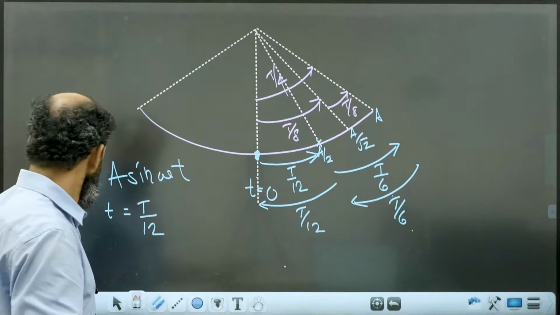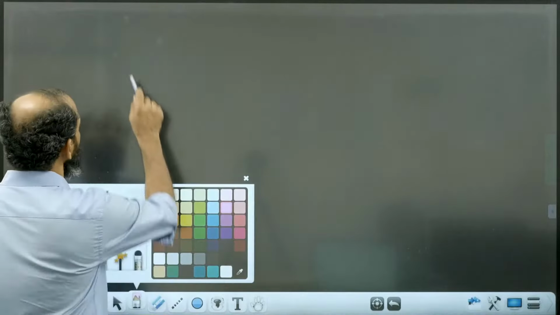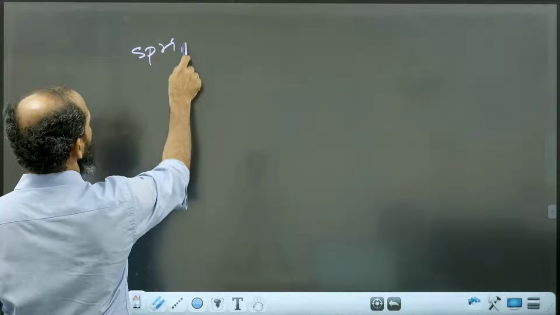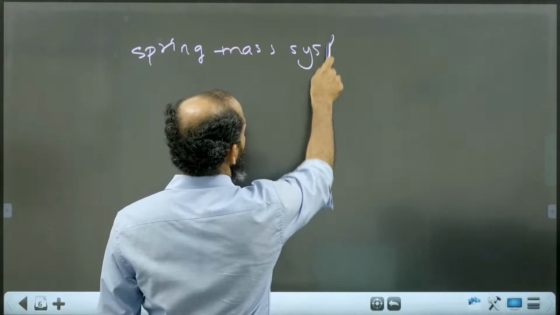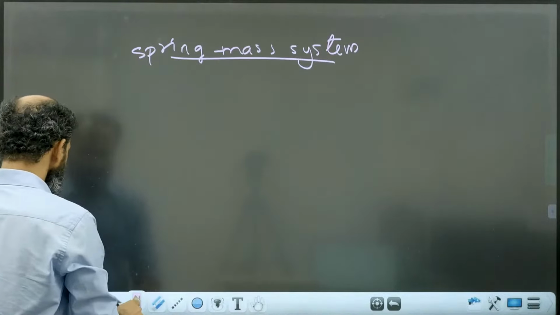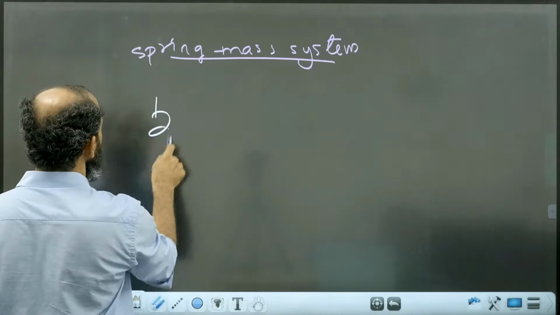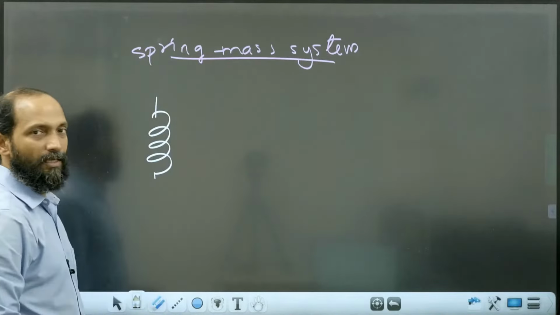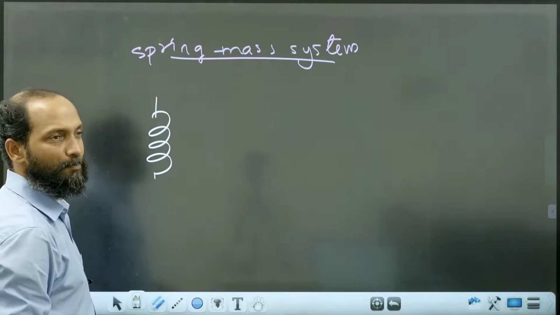Now, one of the applications of simple harmonic motion is the spring mass system. Let us take the example of a spring mass system. In the spring mass system, you consider a spring. We have to practice with a massless spring, or light spring.